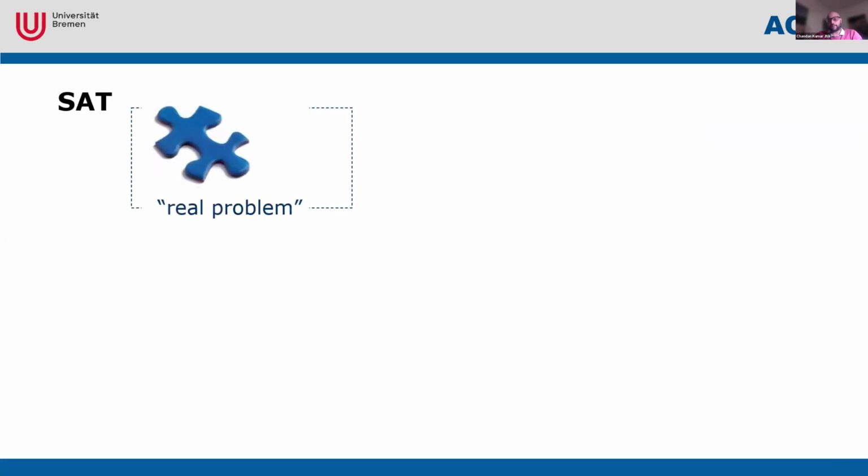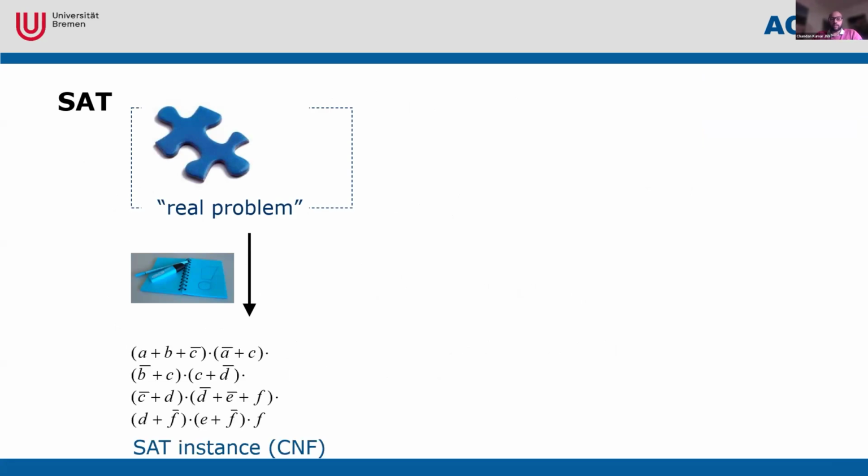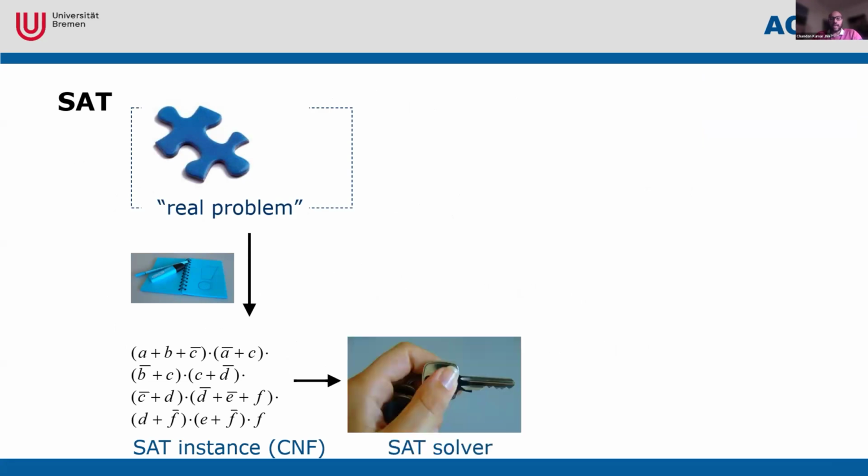This work is based on Boolean satisfiability. Let's say you have some real problem that you want to solve. In our case, it is verification of the mapping obtained from the SIMPLER tool. You build a SAT instance out of your problem and give it to a SAT solver.